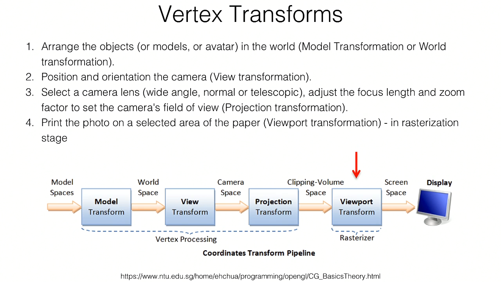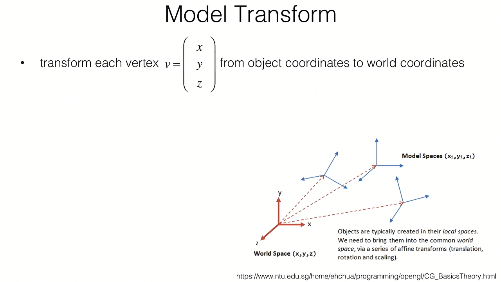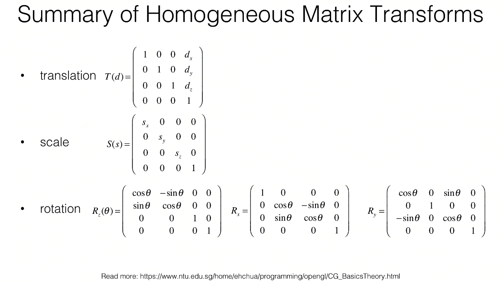Starting with the model transform, like I said, we want to transform each vertex of the model to some world coordinate space, essentially orienting the different objects that we have defined relative to one another in this world space. We can do this with a series of homogeneous transformations. So we have translation, rotation, and scale to play with. I'm not going to go into detail about any of these.